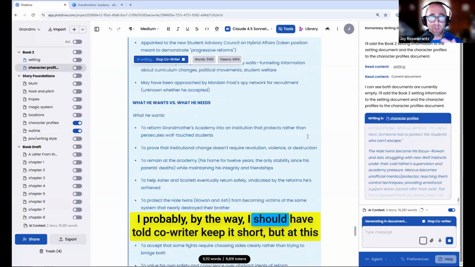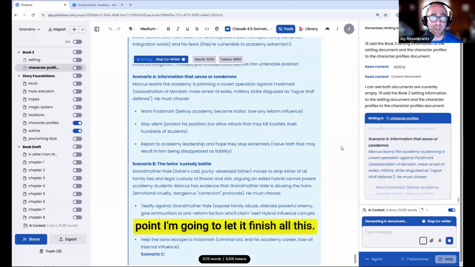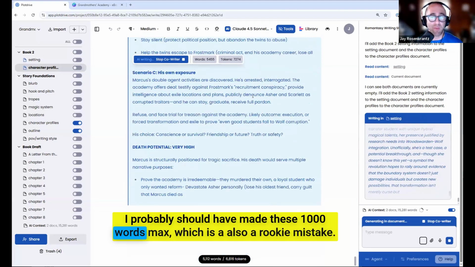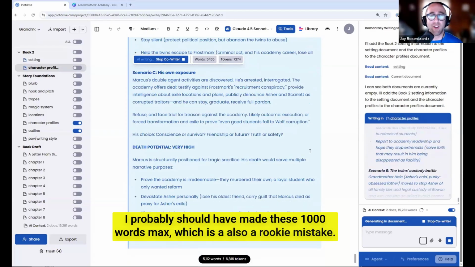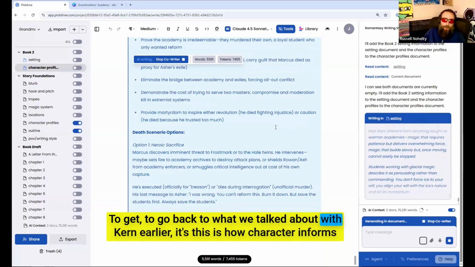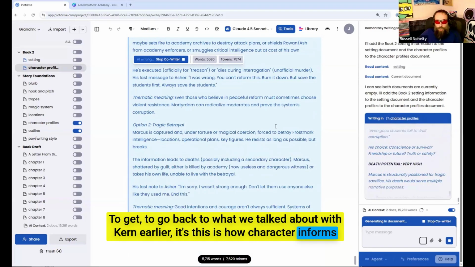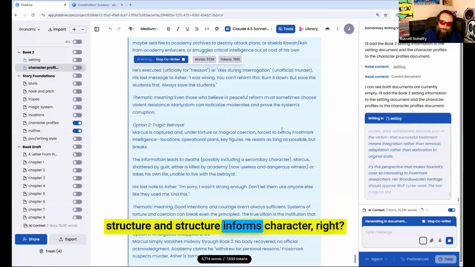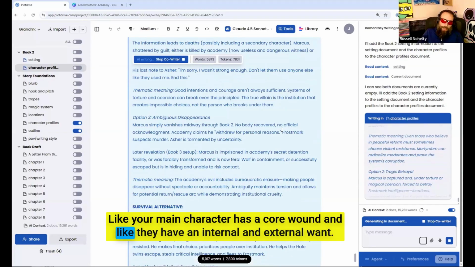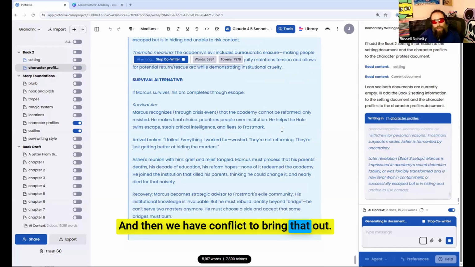By the way, I should have told co-writer to keep it short, but at this point I'm going to let it finish all this. I should have made these 1,000 words max, which is also a rookie mistake. Going back to what we talked about with Kern earlier, this is how character informs structure and structure informs character. Your main character has a core wound and an internal and external want, and then we have conflict to bring that out.